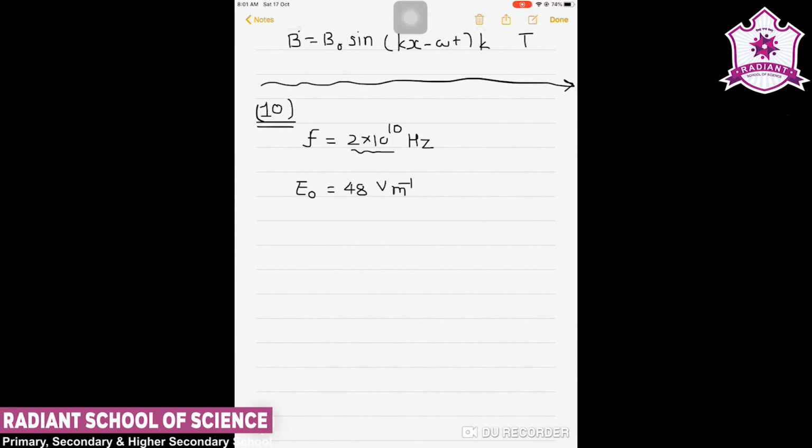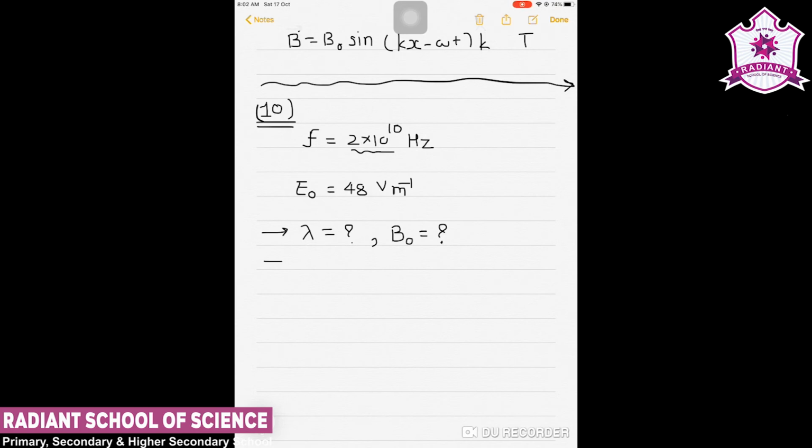What is the wavelength of the wave? So first of all, we are asked to find the wavelength. Then, what is the amplitude of the oscillating magnetic field? So we are also asked to find B0. Then show that the average energy density of the electric field equals the average energy density of the magnetic field.